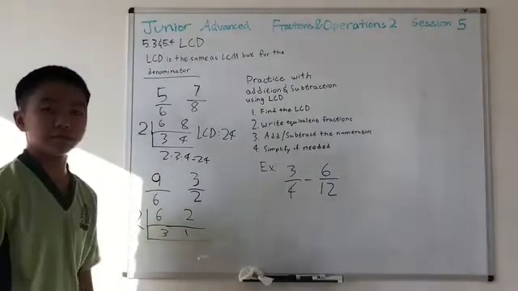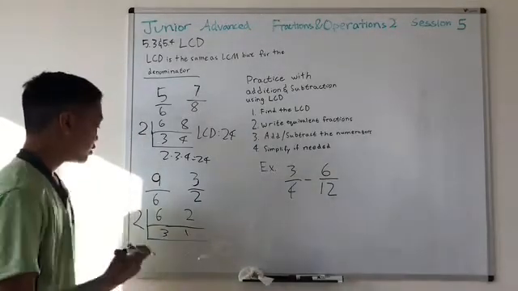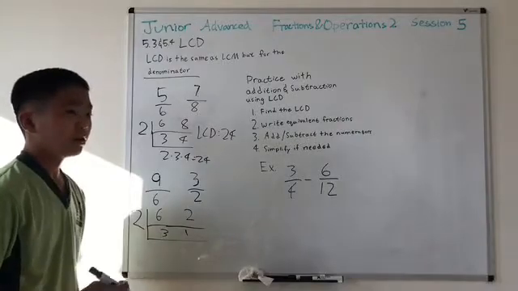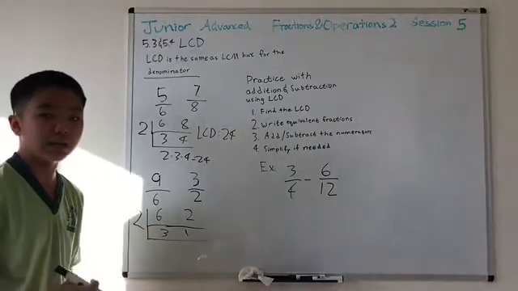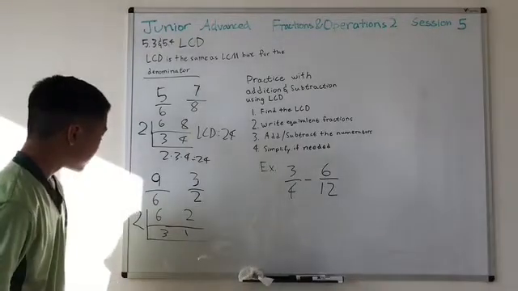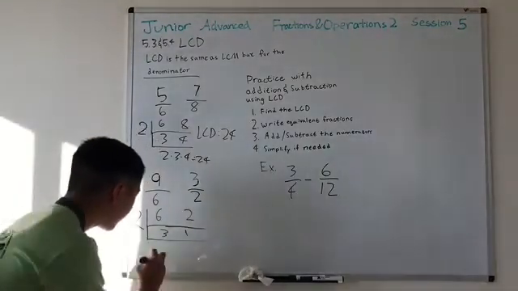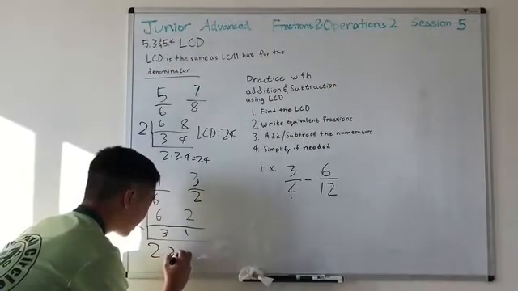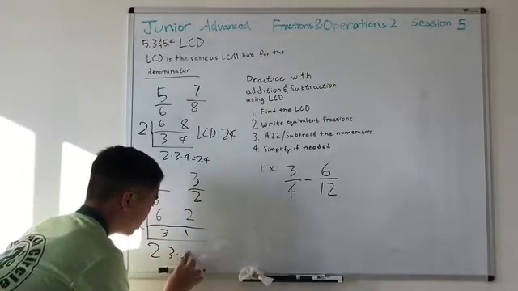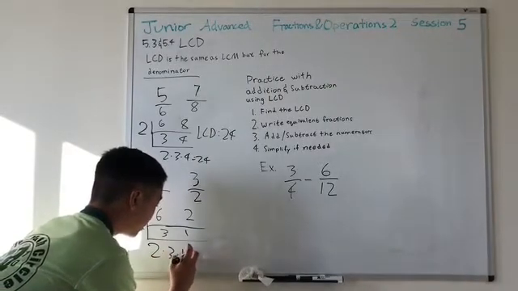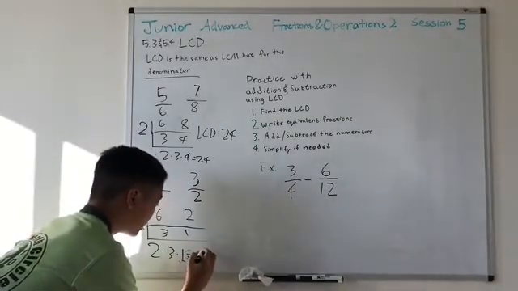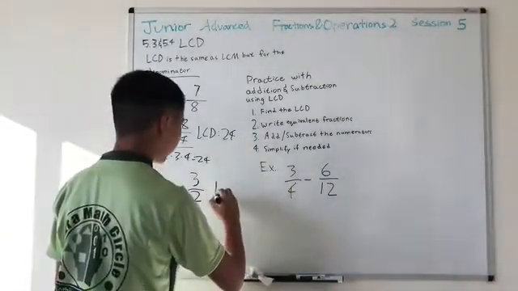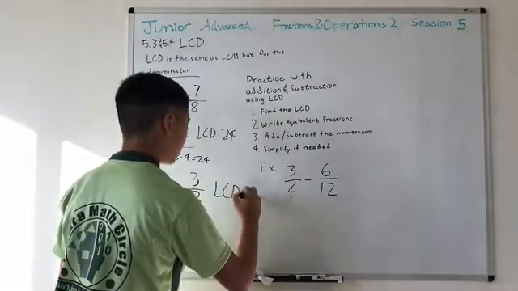And these two numbers are relatively prime because you can't really divide them past this. So then we get 2 times 3 times 1 times 1 equals the LCD, which we know is 6. So the LCD for this problem is 6.